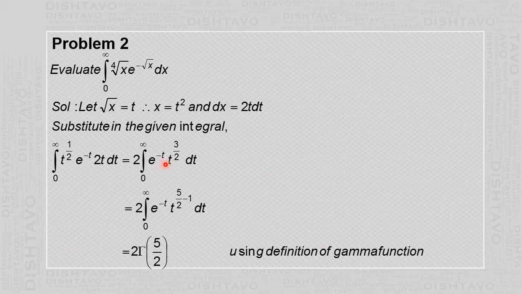Then we write 3 by 2 as 5 by 2 minus 1, and comparing this with the gamma function which is integral 0 to infinity e raised to minus x, x raised to n minus 1 dx, here x is t and n is 5 by 2. So the integral here is nothing but gamma of 5 by 2.